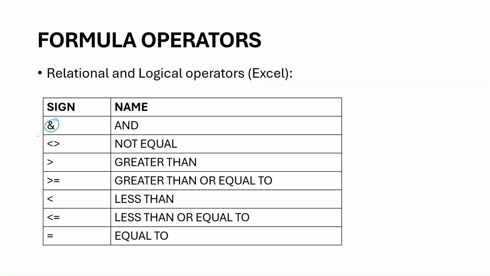We have this sign here for AND, which you can also use to concatenate values in Excel, and also to combine results from various formulas and functions. Then we have greater than and less than; this is the not equal to sign in Excel. This is greater than or equal to. This is less than or equal to, and then simply equal to. So those are some of the operators for writing your formulas in Excel.